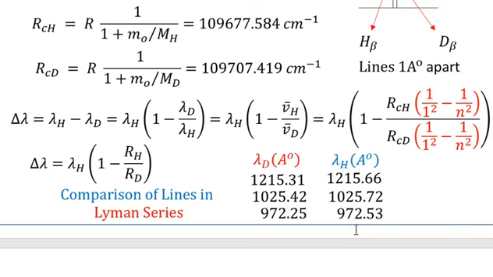You will notice that the difference of these two quantities is constant. If you put the values of R_CH over R_CD in the formula for delta lambda, this will be a constant number, and this constant number is verified by the experimental data of the difference of these two quantities.